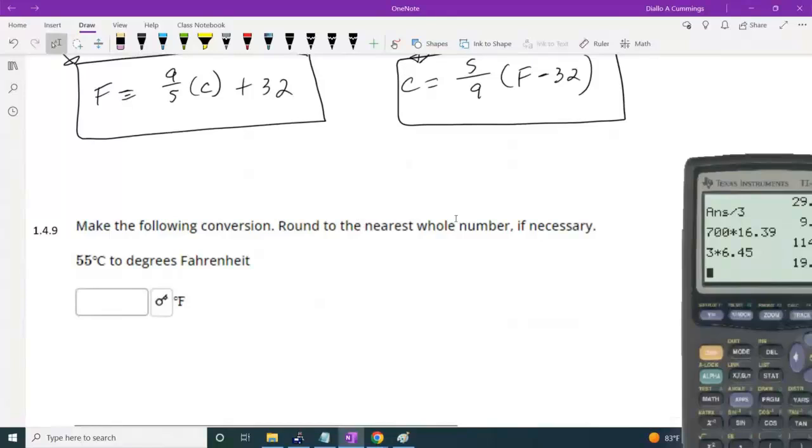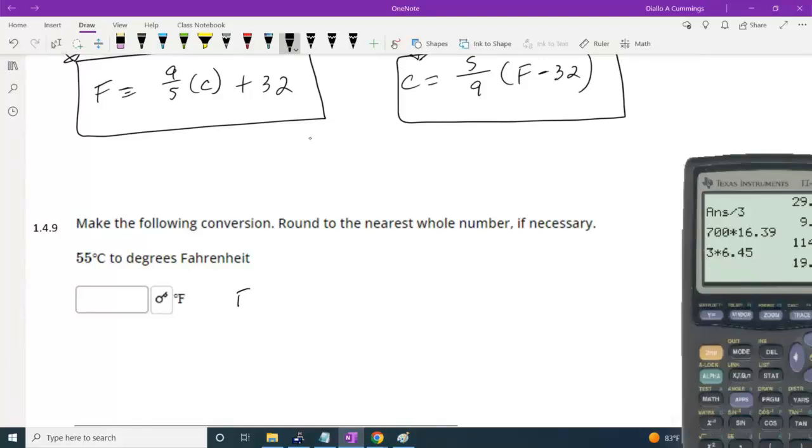All right, so let's take a look at those conversions. Number 9 says make the following conversion. Round to the nearest whole number. We want to convert 55 degrees Celsius to Fahrenheit. Since I'm trying to find Fahrenheit, I'm going to use this first formula. So I'm just going to write out the formula.